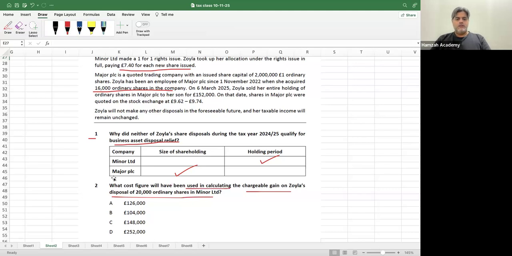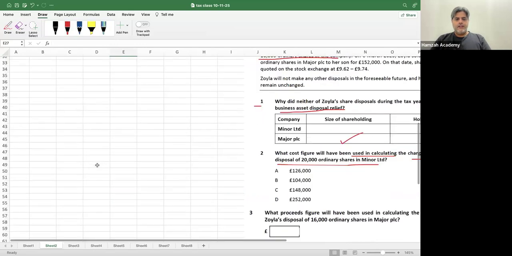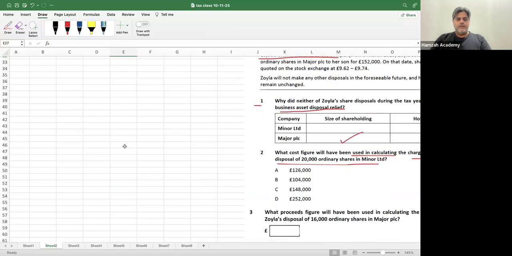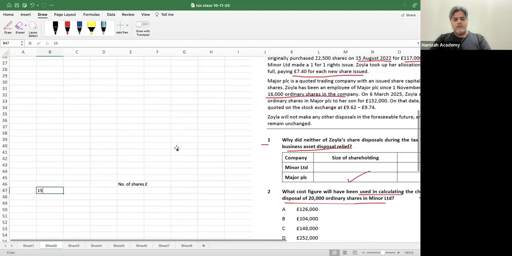Now, if I go over here, I have the number of shares and then I have the amount as well. She had originally purchased on 15th August 22,500 shares for 117,000.